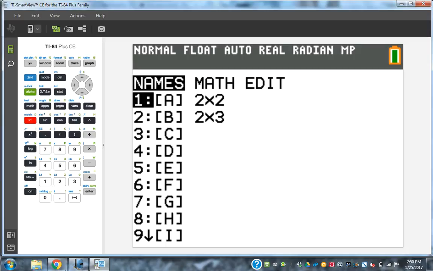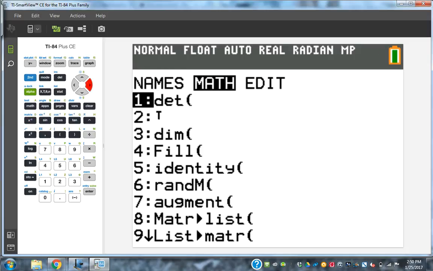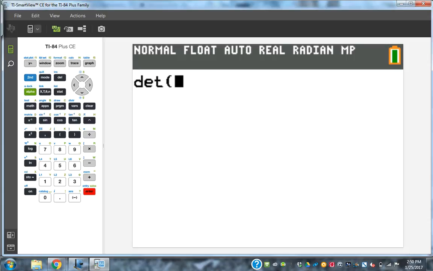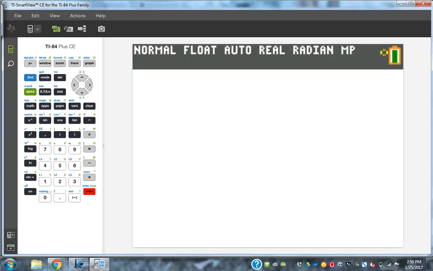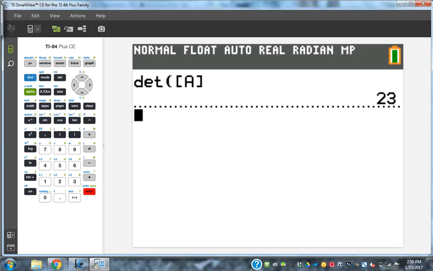I'm going to press over to the right, and number 1 says DET. That means determinant. So press enter. And then I need to tell it what to take the determinant of, so I go get that matrix, matrix A, and hit enter. And it gives me back that determinant that I found a little bit ago, 23.